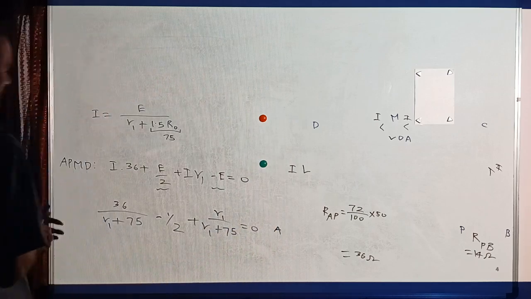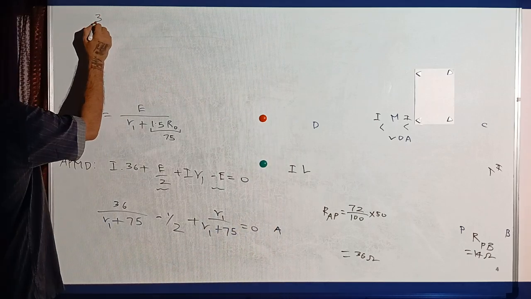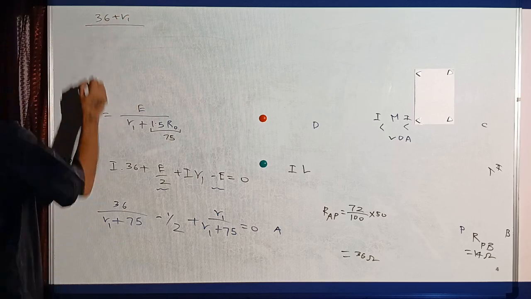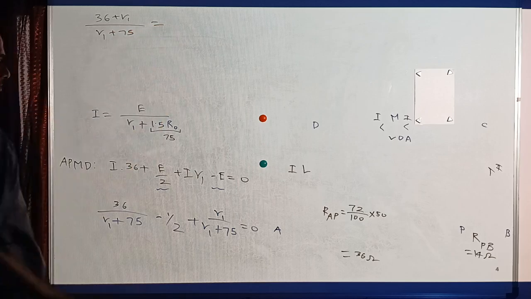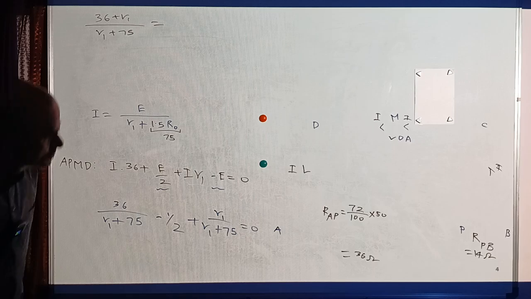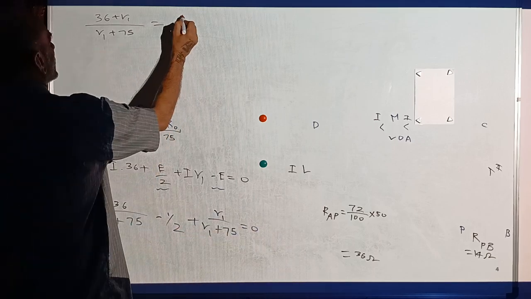So these two can be combined as 36 plus R1. Denominator is R1 plus 75 equal to, so this is 0, so half can go on the right side.